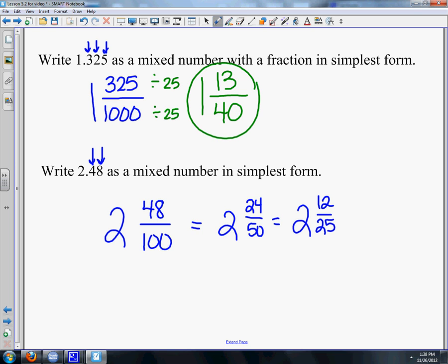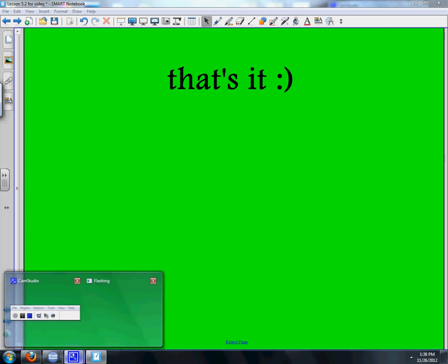Or you could have divided both by 4. Either way. So 2 and 12 over 25. That is it for your note.